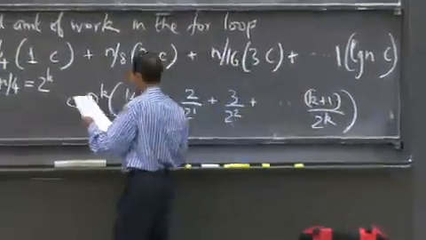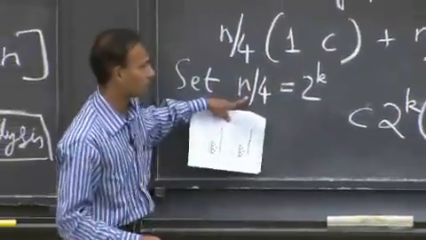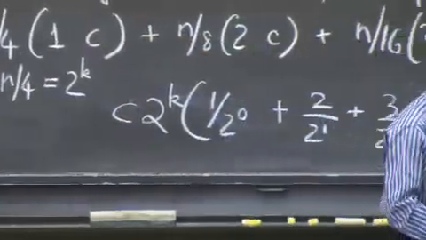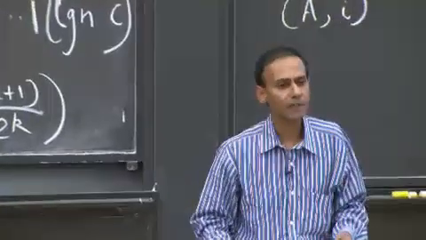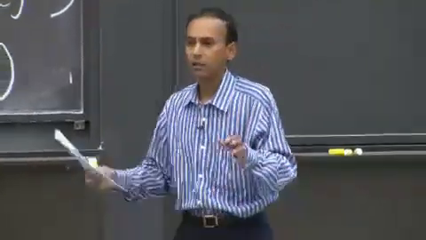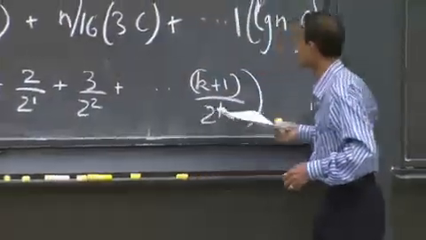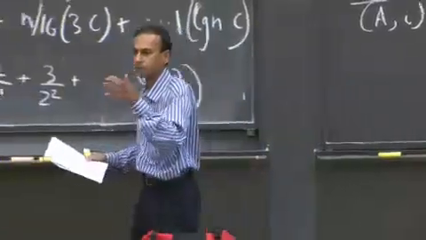The reason I did this is because I wanted you to see the arithmetic expression that's in here. We do know that 2 raised to k is n over 4, of course. But if you look at this expression inside here, what is this expression? Can you bound this expression?